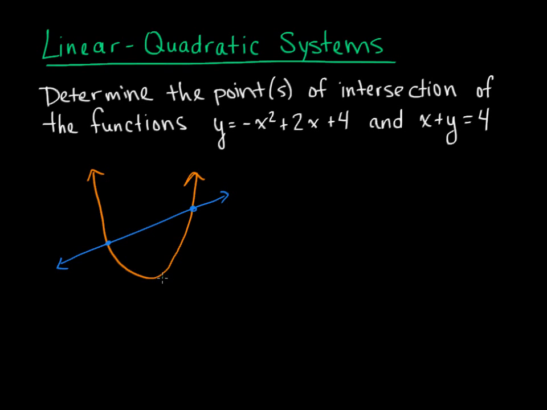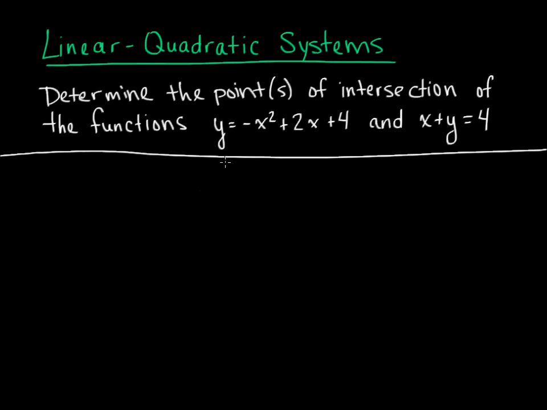We could draw a line that has 1 point of intersection, so it just touches the parabola at one location. Or we could draw a line that has no points of intersection. So here's an example of a line that would not intersect the parabola at all. So it's possible for a linear quadratic system to have no solution. It's possible for it to have one solution, and it's also possible for a linear quadratic system to have two solutions.